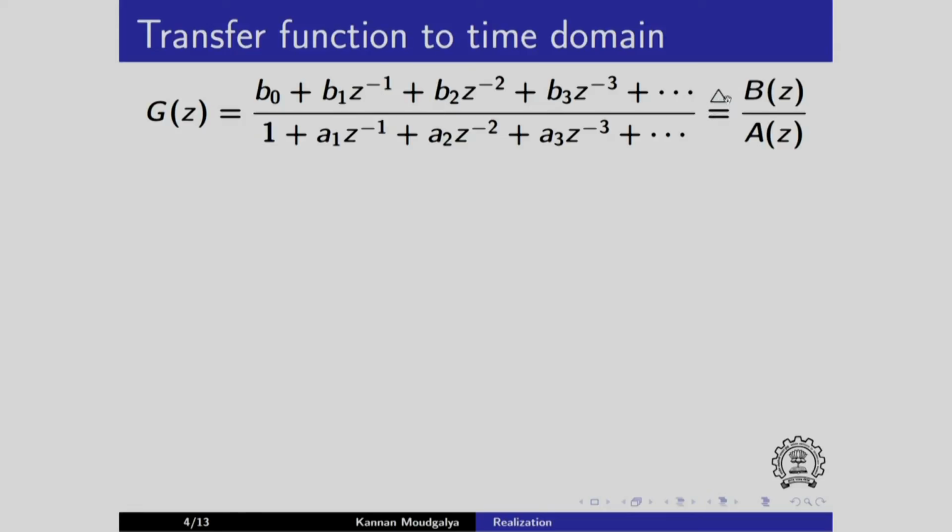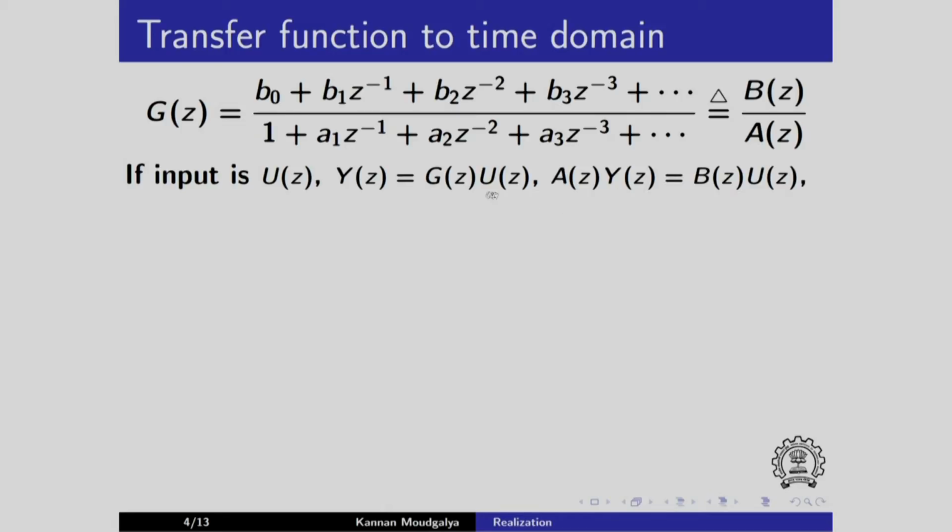Suppose we define this as B over A. Suppose the input is U of Z and the output is Y of Z, then Y is equal to G into U. When we cross multiply, that is, we substitute for G as B by A, then we have B into U, this A will go here, A into Y, so AY equals BU.